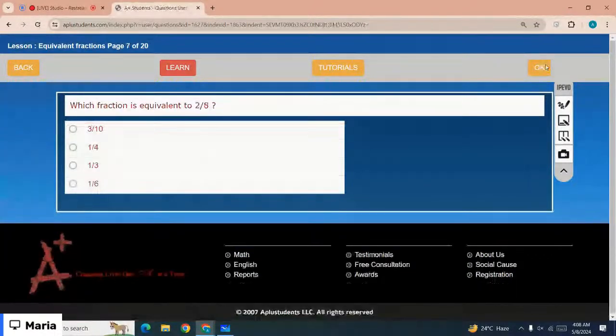Which fraction is equivalent to 2 over 8? Which is the correct option? Yes, that is 1 over 4.